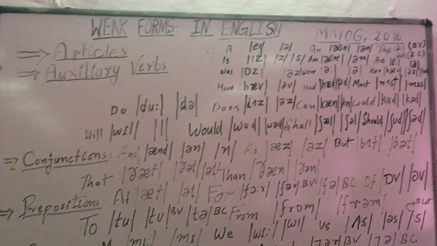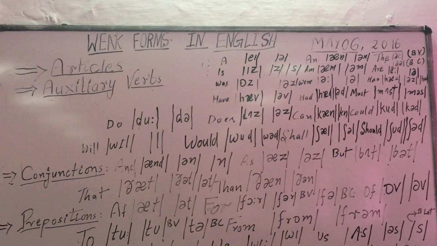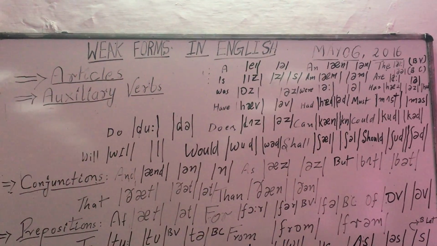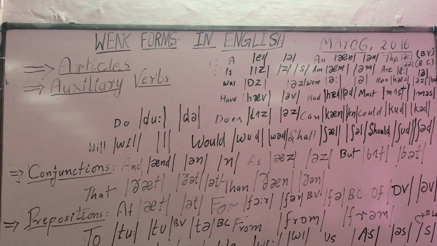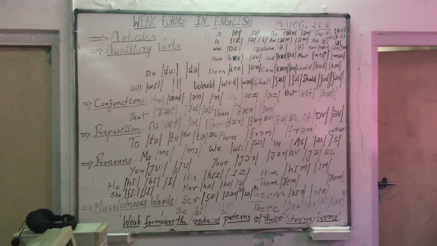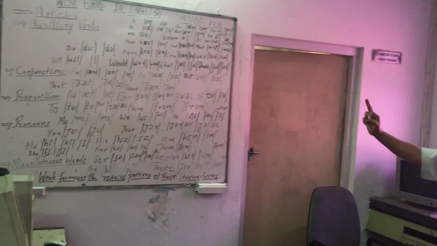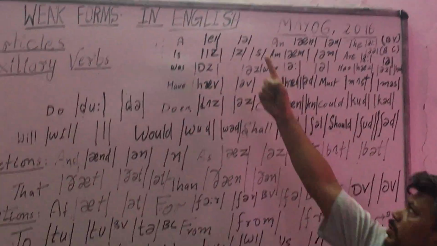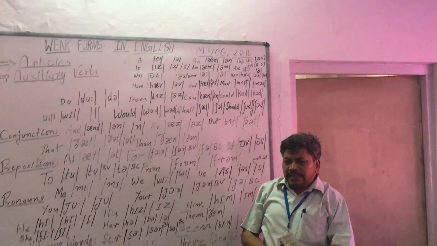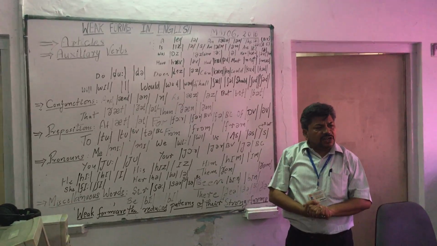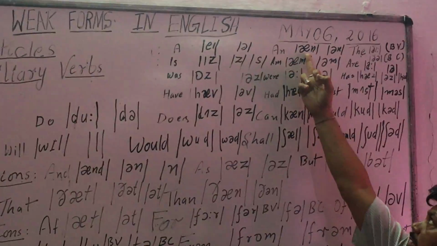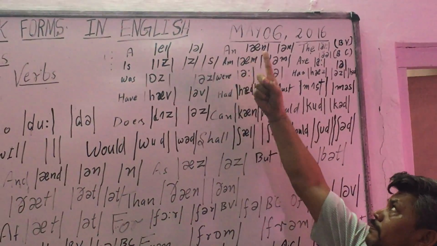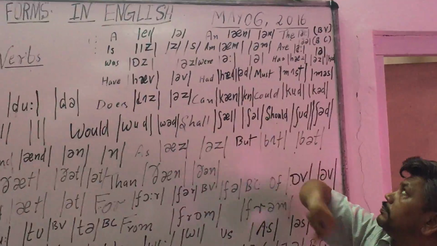In articles, we notice that there are three articles, two indefinite and one definite article. The first one is the indefinite article a and an. The strong form of a is a, and its weak form is a. In the same way, another indefinite article is an. Its strong form is an, but the weak form is un.